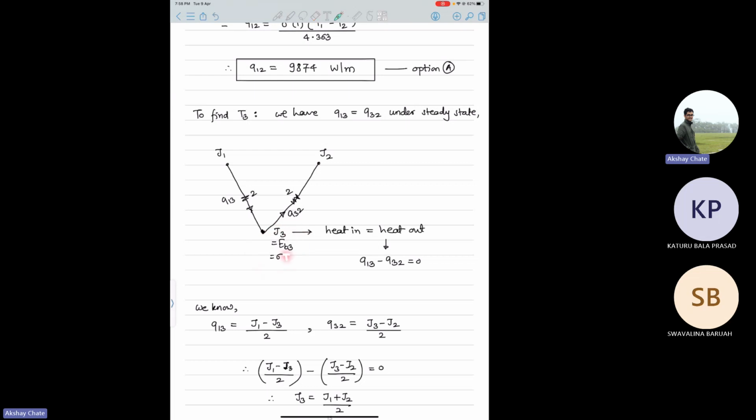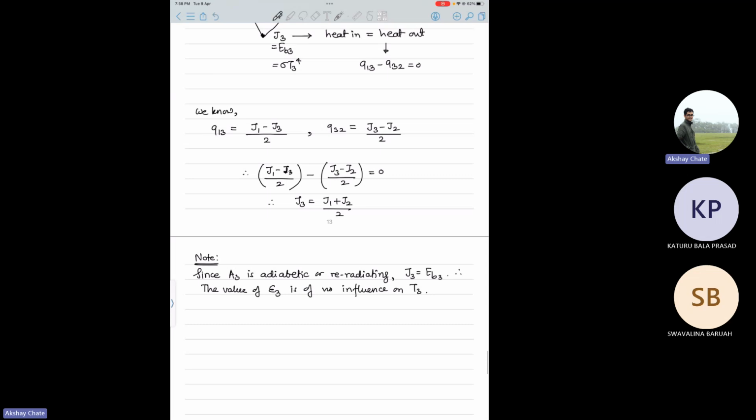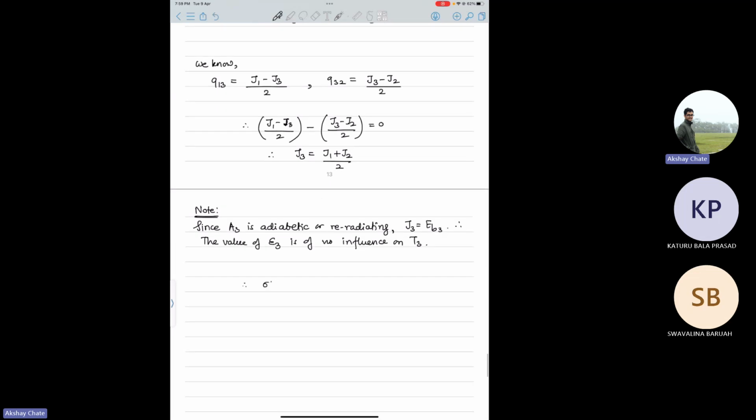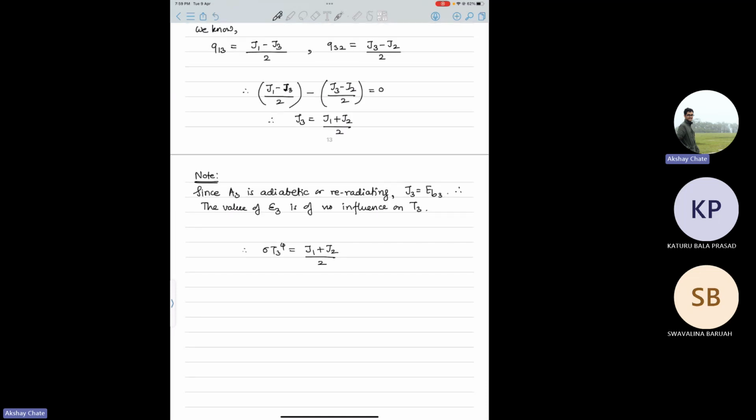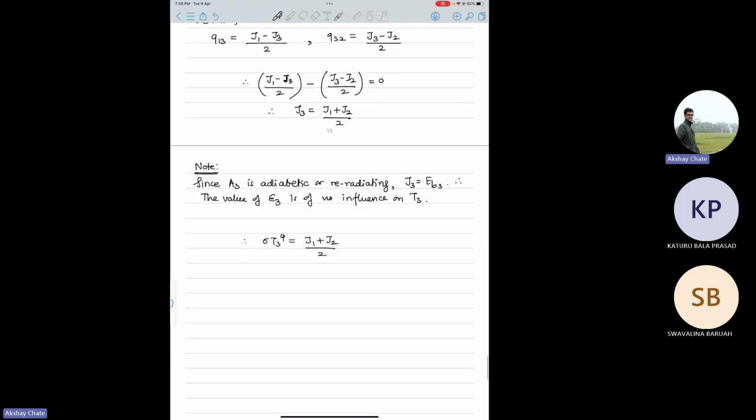Yeah, actually I myself got confused. Therefore sigma T3 power 4 is nothing but (J1 plus J2) by 2. So now the question is how to find J1 and J2. We know that EB1 and J1 are like this, there is a resistance of 0.23 between them.